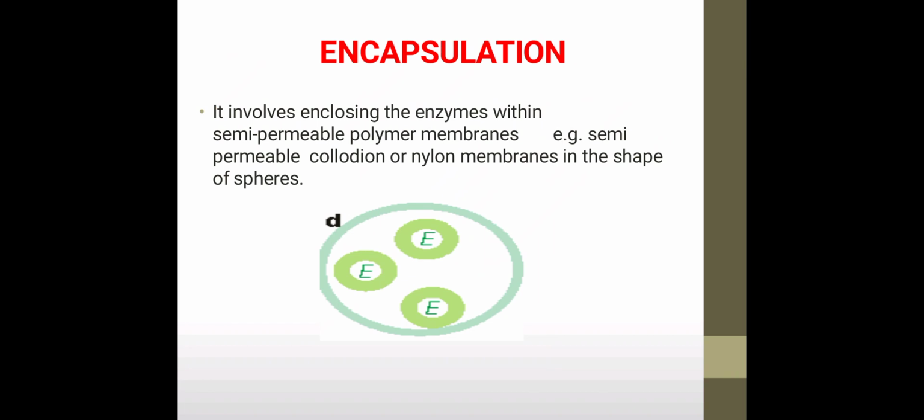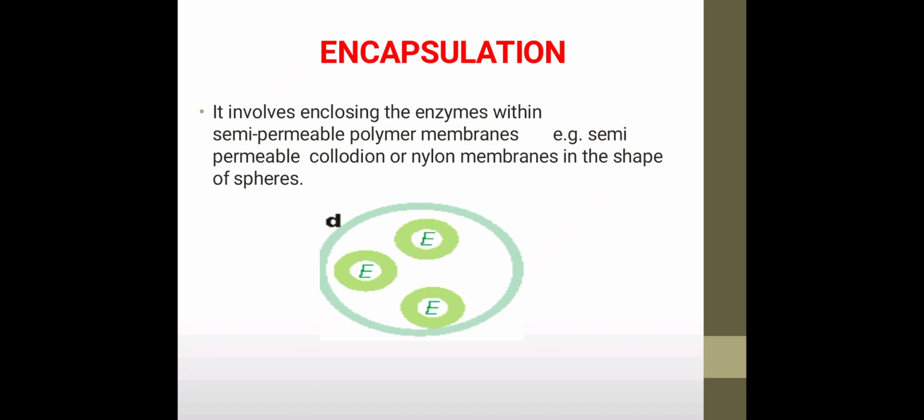And the next method is encapsulation. The term itself shows it will be enclosed by a capsule-like structure. So it includes enclosing the enzyme within a semi-permeable polymer membrane. So for this encapsulation process, we are using a semi-permeable polymer membrane.